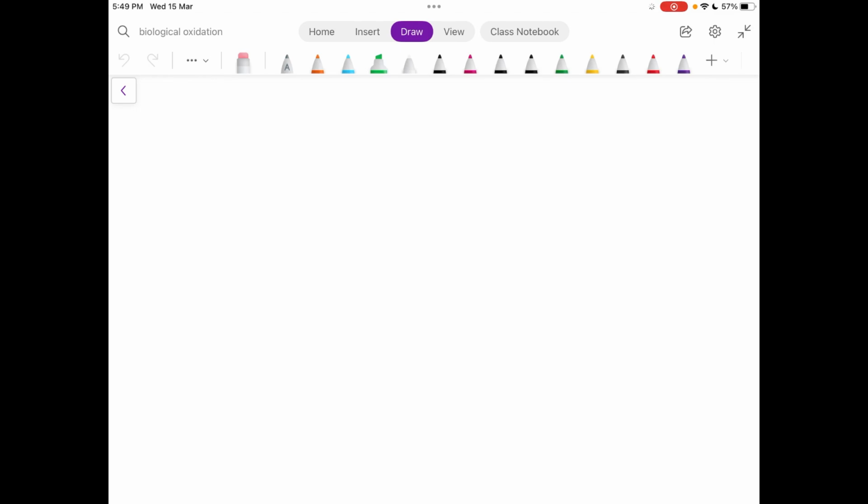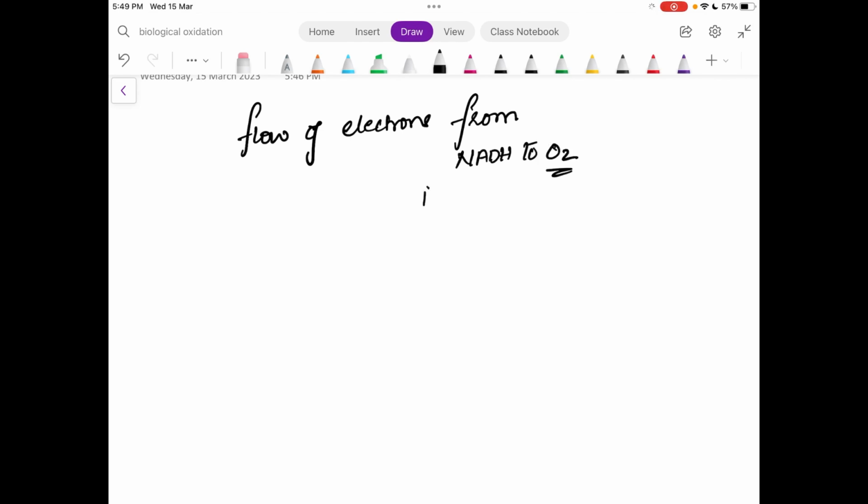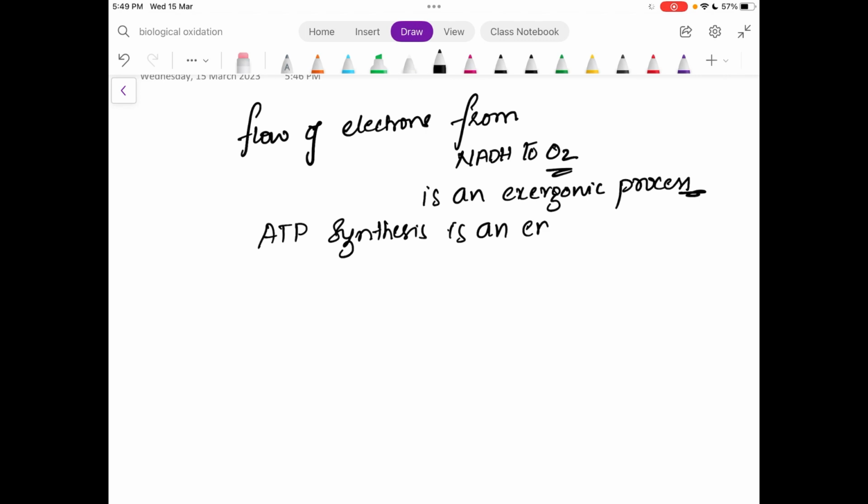We'll see in detail. Normally, the flow of electrons from NADH to oxygen is an exergonic process, and ATP synthesis is an endergonic process.